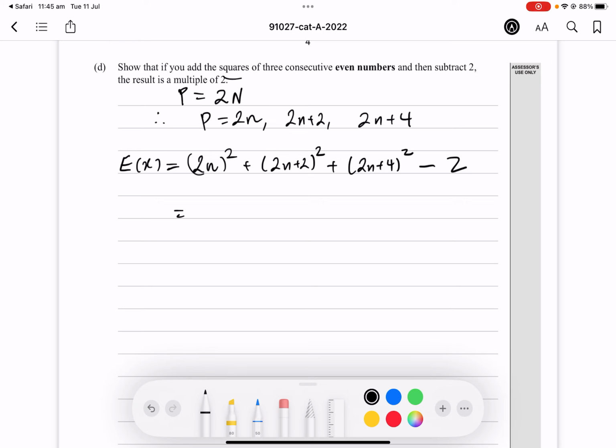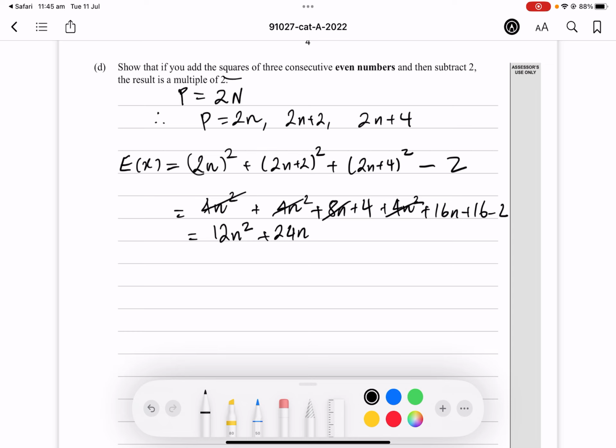So therefore, this is 4n squared plus 4n squared plus 8n plus 4 plus 4n squared plus 16n plus 16 minus 2. Simplifying the equation, we now have 12n squared plus 24n plus 20, and minus 2 makes it plus 18.